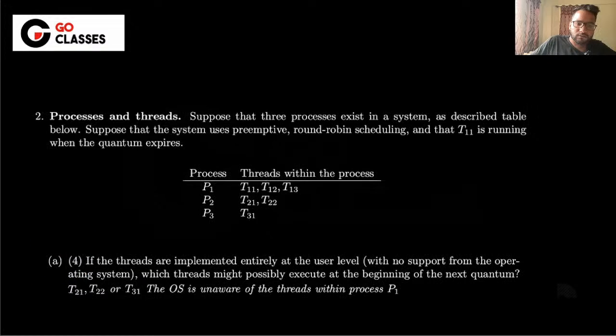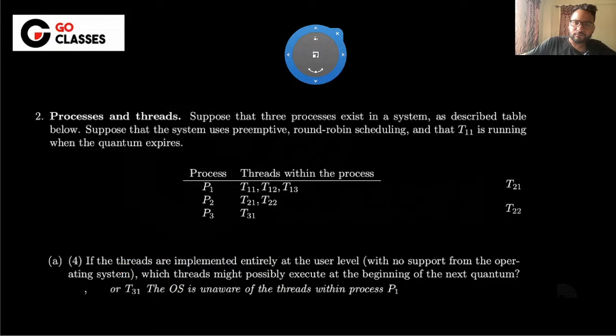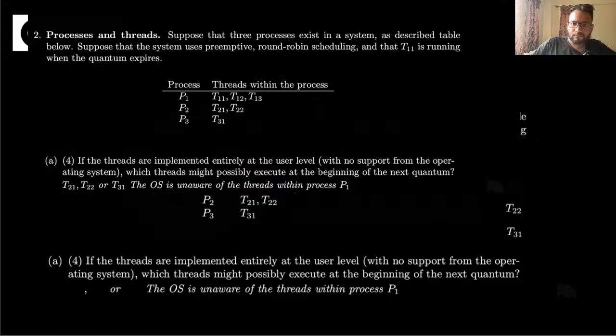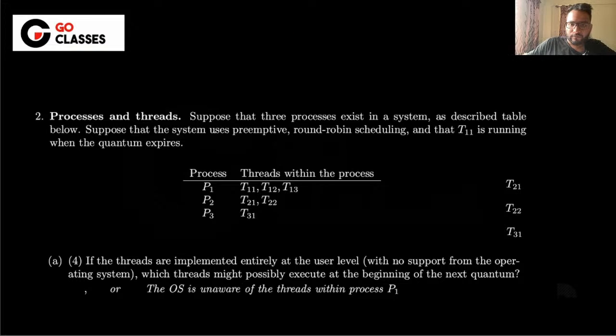Let me write the options here. So let's suppose this is A, this is B, this is C, this is D.